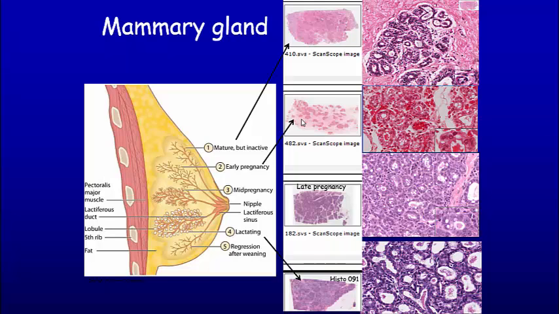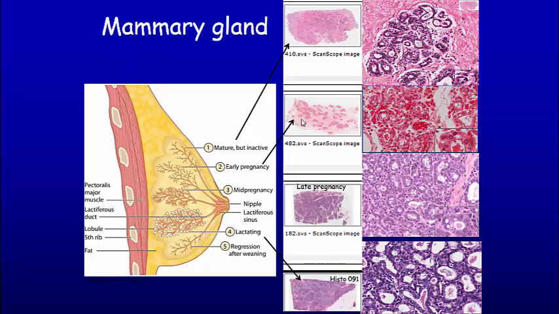Now, development of the mammary gland depends upon the hormone status. Estrogen would help develop cells in the mammary gland, and progesterone would too.